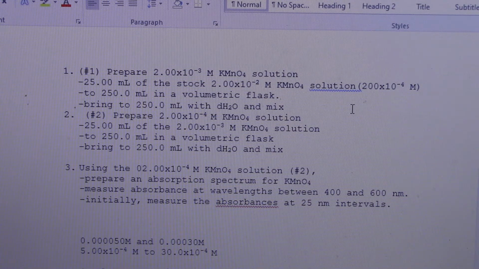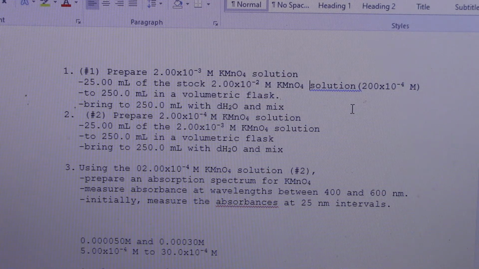I'm going to call this dilution number 1, which is 2.00 times 10 to the minus third molar KMnO4. How am I going to make that? I'm going to take 25 mL of the stock solution, and I'll show you how to do it.